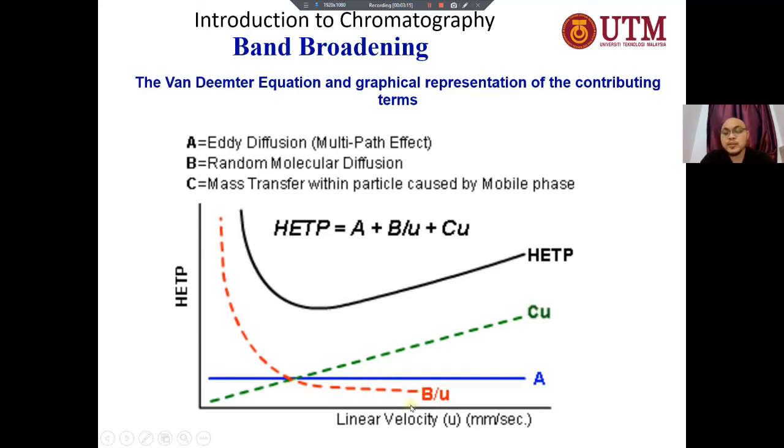If you use a flow rate that is too fast, you will increase the effect of mass transfer. If the velocity is too low, it will decrease the efficiency, or it will increase the effect of random molecular diffusion.